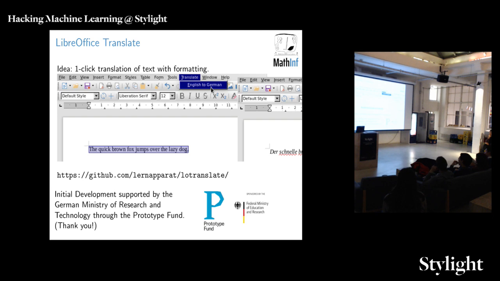So the initiative development was sponsored through a program called the Prototype Fund, which is a really cool program where you, either as a single developer or as a group of developers, can apply for a grant to develop an open source software product for the public good, and you get up to, I think, 49,000 euros in grants to develop a thing.